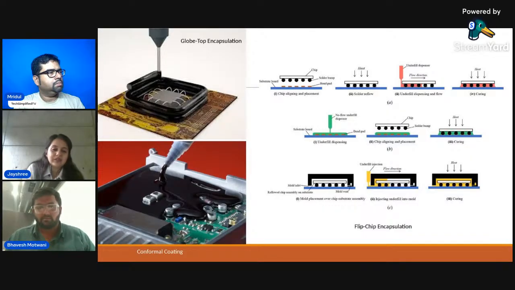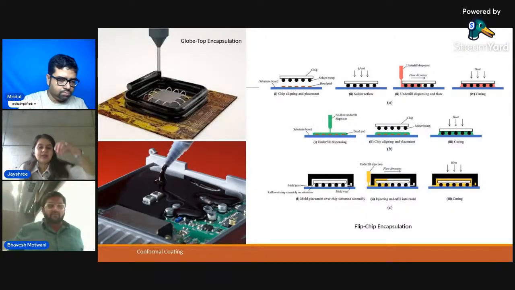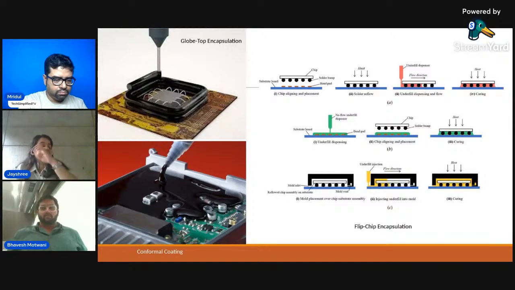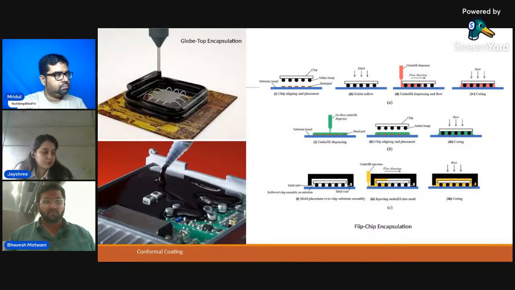Firstly, we will go for the glob top encapsulation. Think of it as providing a fencing layer over a garden. Same as this glob top, there is a fencing layer over the device or the package, and then we add the resin over it, and then solidify it.